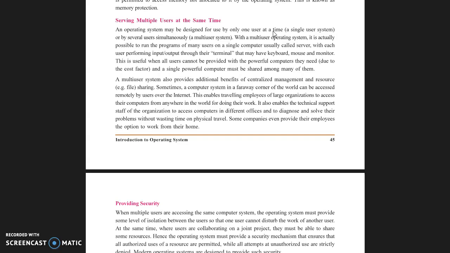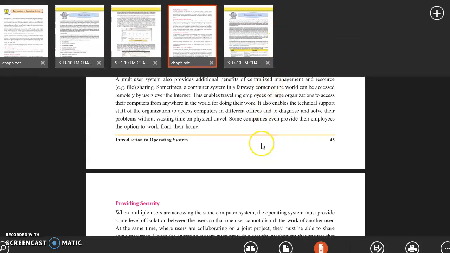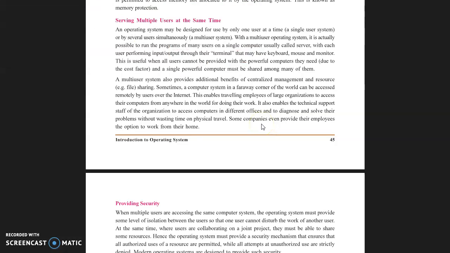With a multi-user operating system, it is actually possible to run programs of many users on a single computer, usually called a server, with each user performing input and output through their terminal, which may be a keyboard, mouse and monitor. This is useful when all users cannot be provided with the powerful computer they need, and a single powerful computer must be shared among many of them.